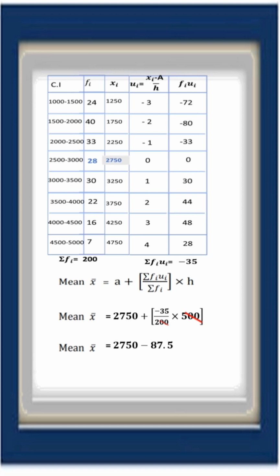So mean x dash is equal to 2750 minus 87.5, that is 2662.5. So mean expenditure is 2662.5. So mean expenditure is equal to 2662.5 rupees.